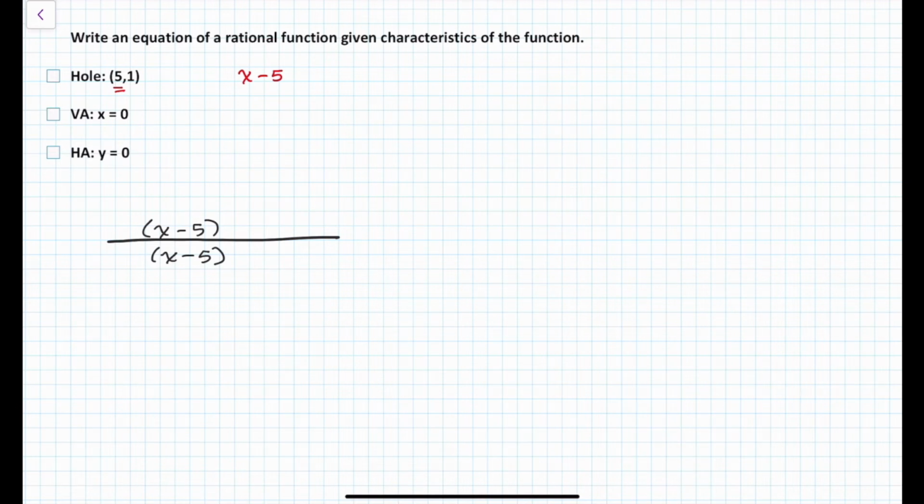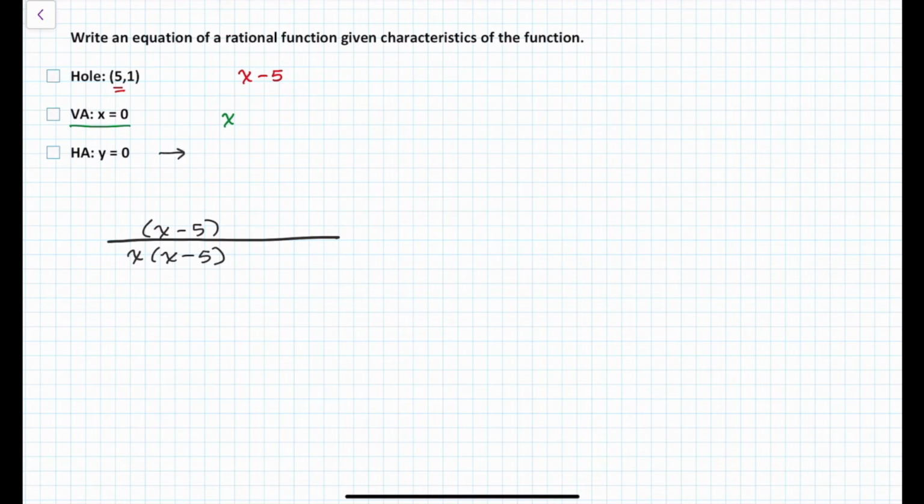And then we're going to come back and check on that y value in just a minute. So then for the vertical asymptote, remember the hole will cancel out, so I'm not going to use that x minus 5 for the vertical asymptote. I need a different x to give me x equals 0.